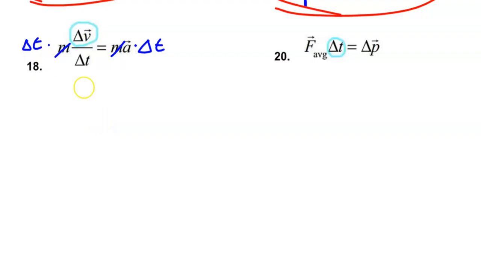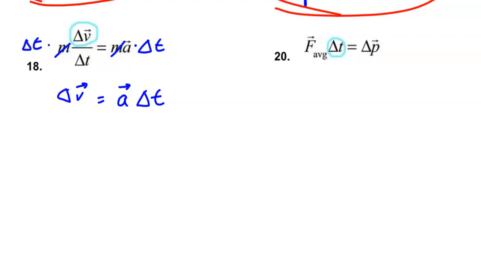And yeah, that's pretty much it. Delta v equals a delta t. And that should be reminiscent of a kinematics equation that we learned a long time ago.